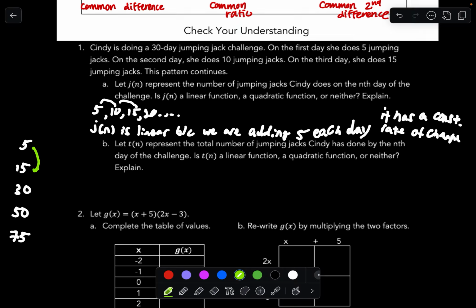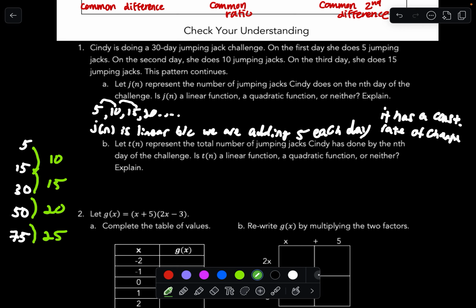So 15 minus 5 is 10. 30 minus 15 is 15. 50 minus 30 is 20. 75 minus 50 is 25. So we got 10, 15, 20, 25.